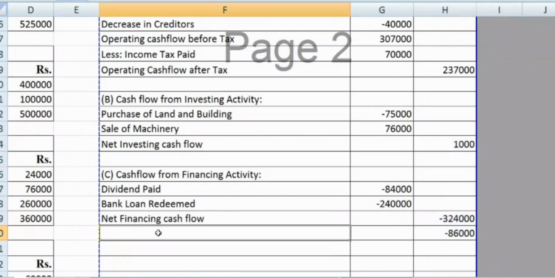Okay, this is called net cash outflow, correct? And then after add opening cash or equivalent.